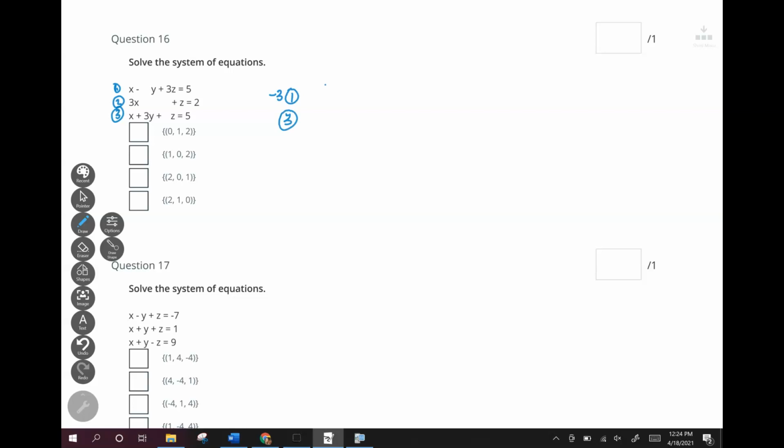The reason I'm doing this is so I can get rid of the y variable in those equations, and then use that to solve for either x or z with equation 2. All right, so negative 3x plus 3y minus 9z equals negative 15. Okay, so now I'm going to add the two equations together.